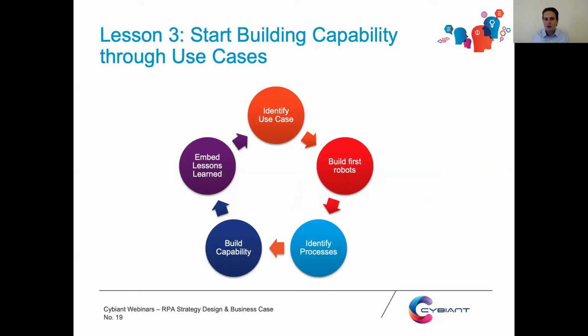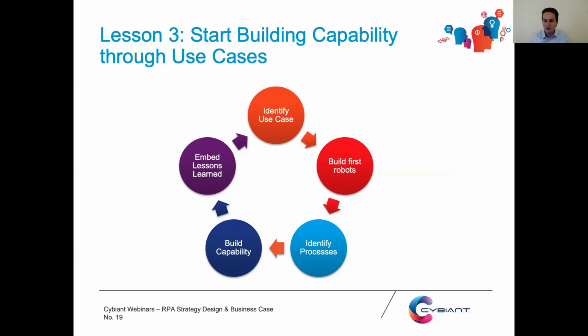Then we move towards the third one, and that is to start building these capabilities through the use cases. So basically, you can see every use case as a new learning project. So that goes into a circular kind of fashion, because the knowledge that you achieve during one of your previous use cases can be used to implement the new one.